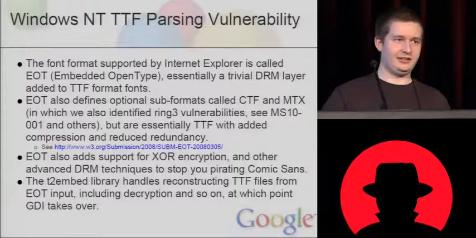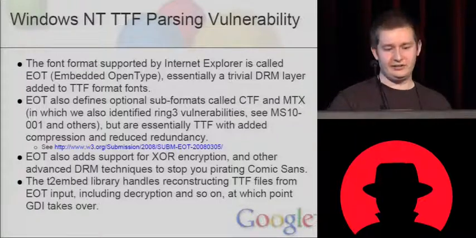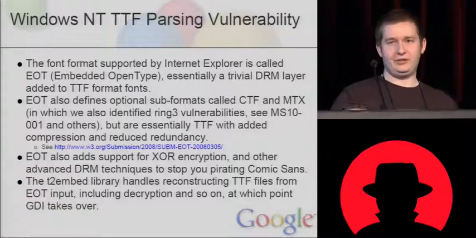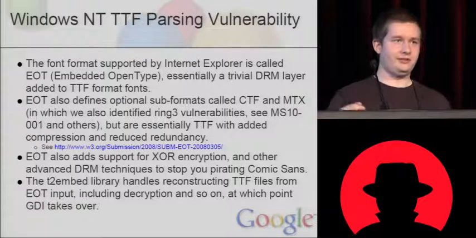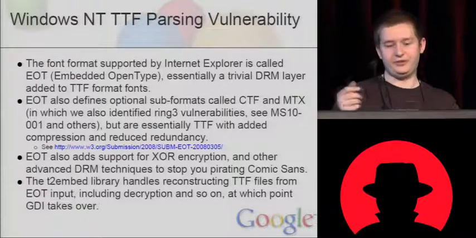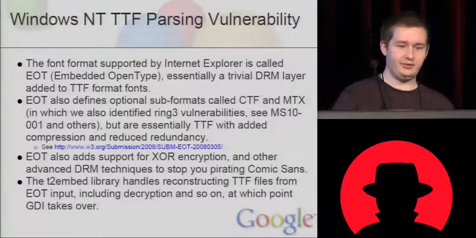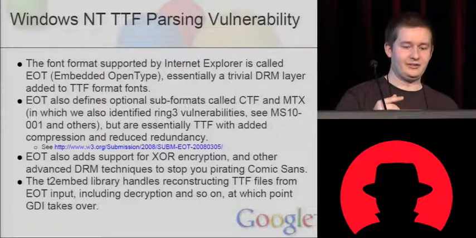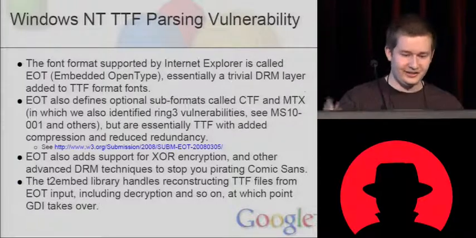I think the idea is that if you have a font that you've licensed and you only want it to be accessible on your website, you put all the URLs that you want this font to be accessible for into the EOT file, and then sign it. But the signature is ridiculous. It's basically just adding all the character values and then XORing it with a fixed 32-bit DWORD. So it's not particularly challenging to defeat this.